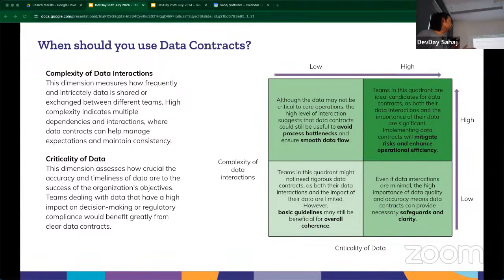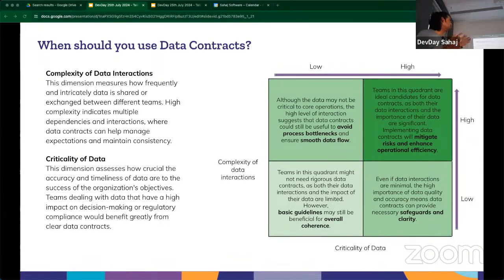The other thing is how critical is this data that you're providing to your users? If it's something that is very critical and they need to really have accurate or timely data, then you may want to establish contracts with the producers of your data and also with your consumers so that you can make sure that you can adhere to their accuracy or freshness or whatever criteria they have early on.